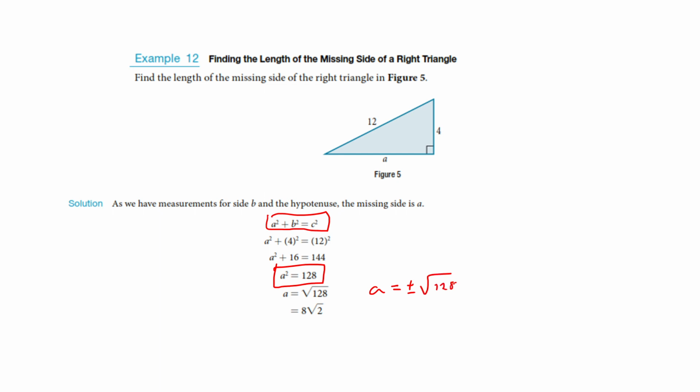So I thought we were supposed to do plus or minus whenever we took a square root in this section. Well, we are technically, but if you think about this, if these are lengths of a side, you can't get a negative length. So that's why they just ignored it. They simplified that root using those tricks I showed you earlier in this section, and they get down to our answer.